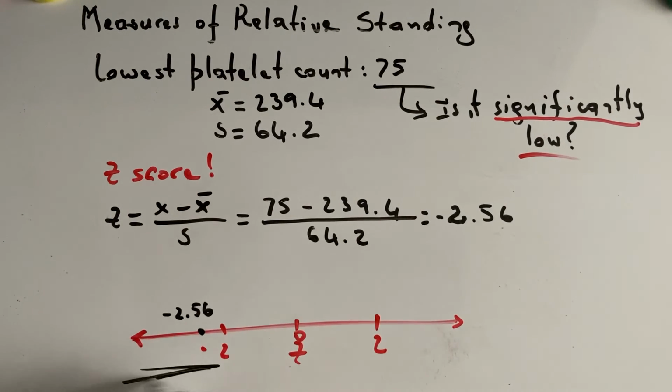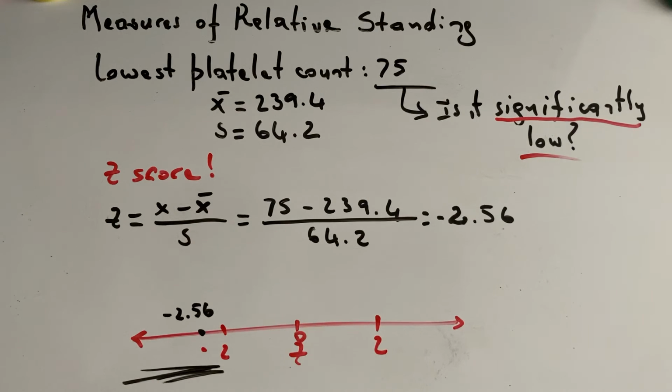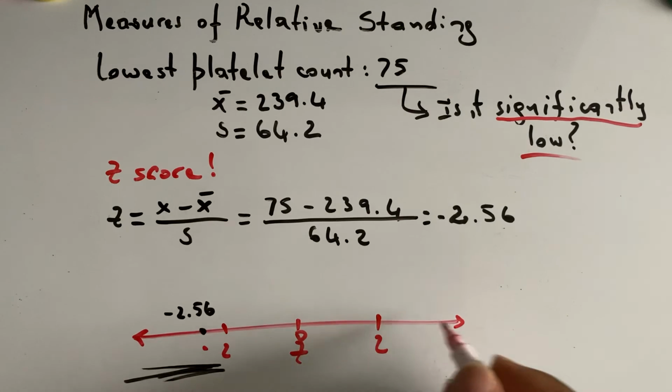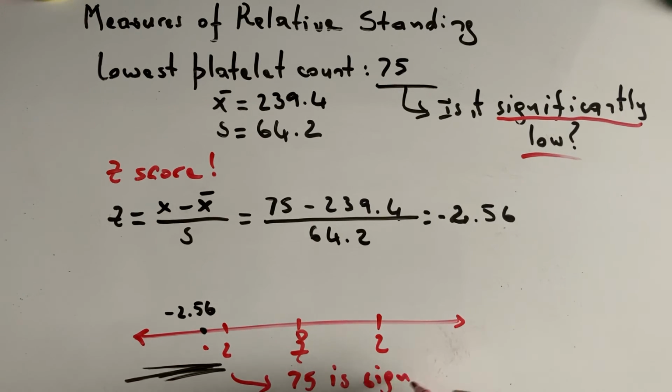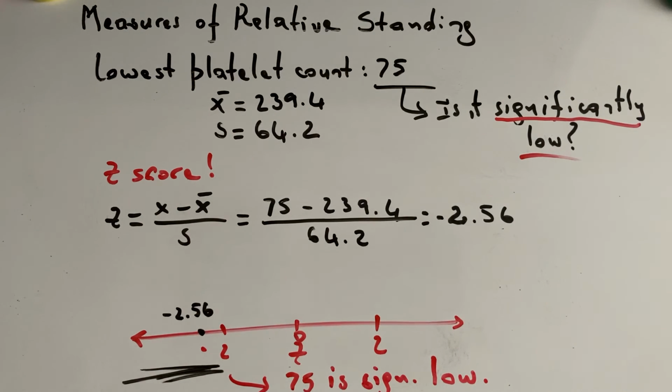Any value in that region is significantly low. So the value you were checking, 75, is significantly low, because the z-score is less than negative 2.